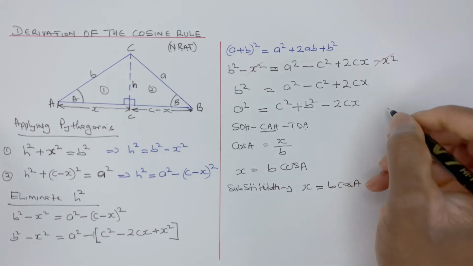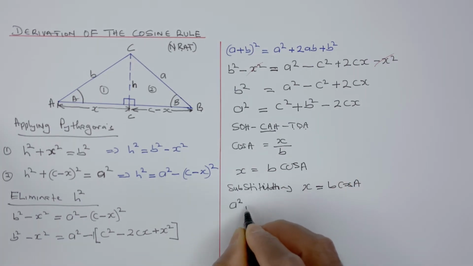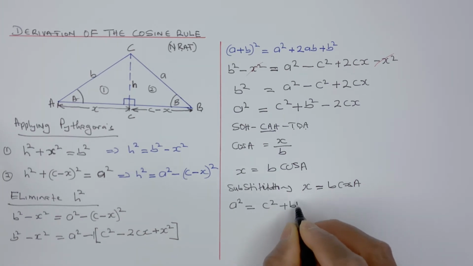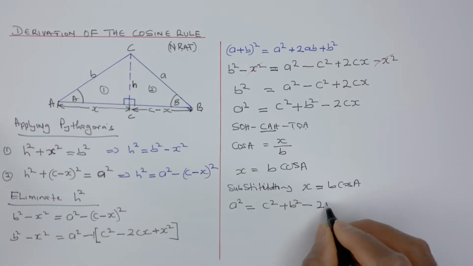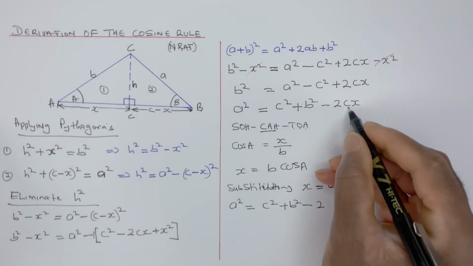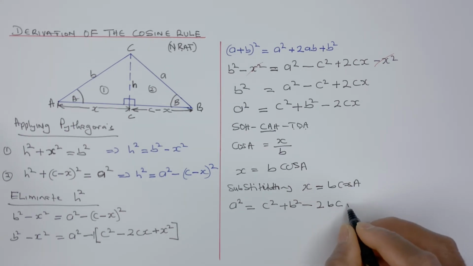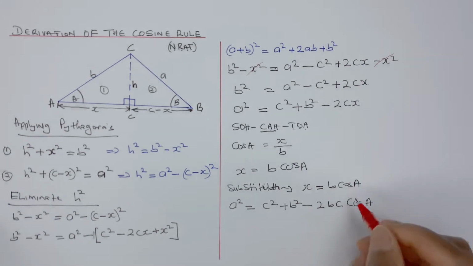I could have numbered that equation. So that would be a squared equals c squared plus b squared minus 2, well, because b comes before c alphabetically, say 2bc cosine A. So what did I do there?